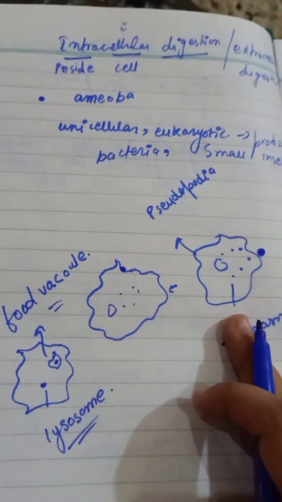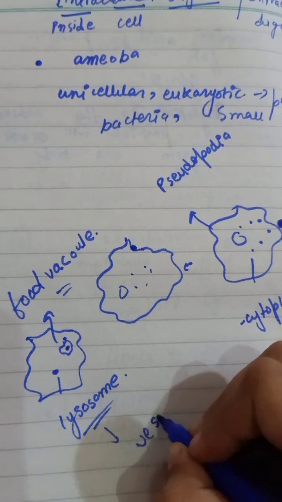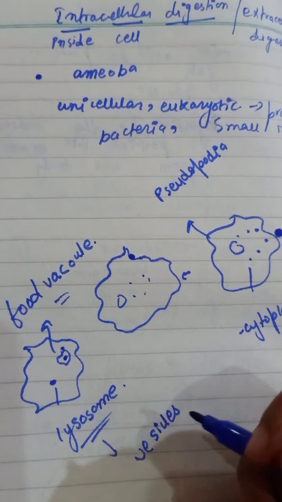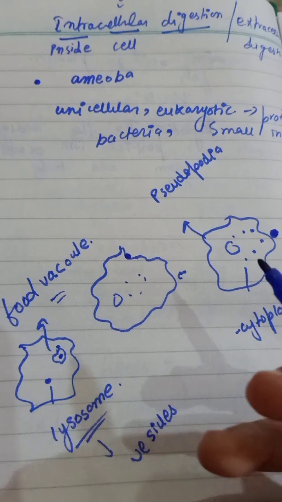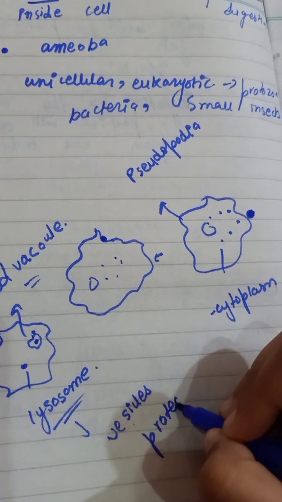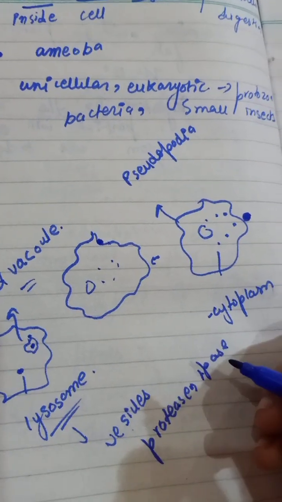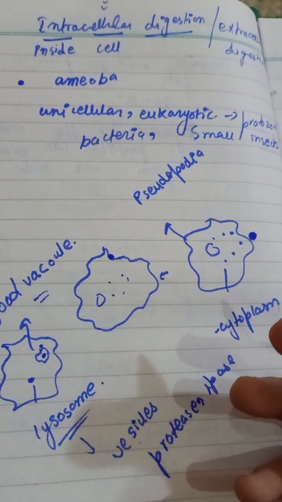So what is lysosome? Lysosome is basically a vesicle which has hydrolytic enzymes, like protease, lipase, and many enzymes.